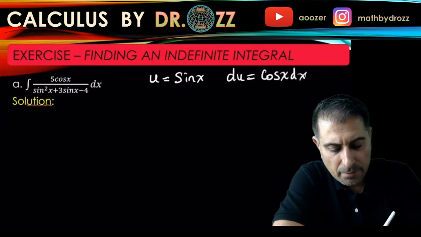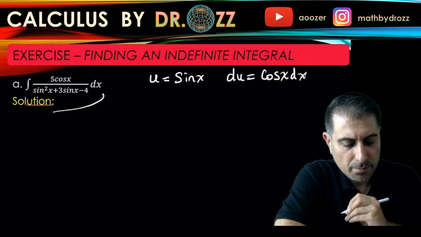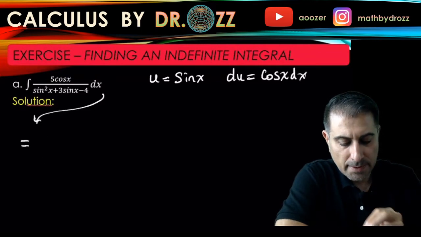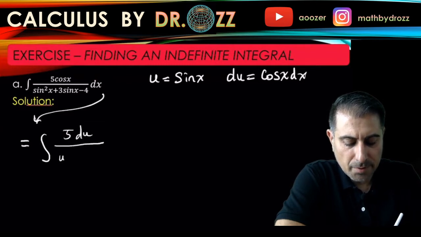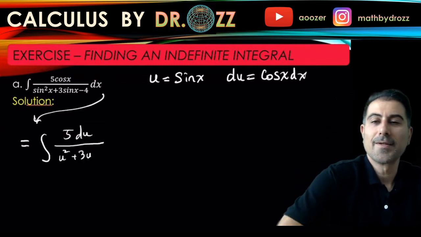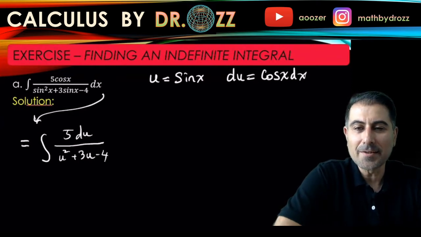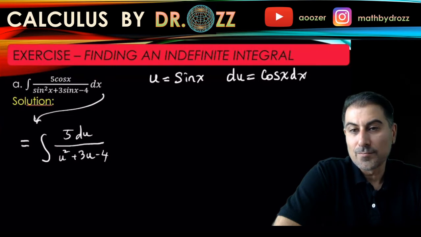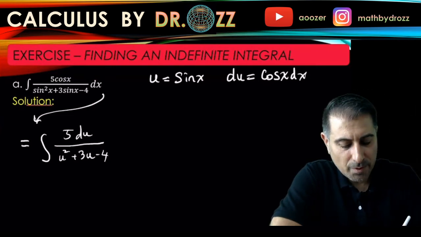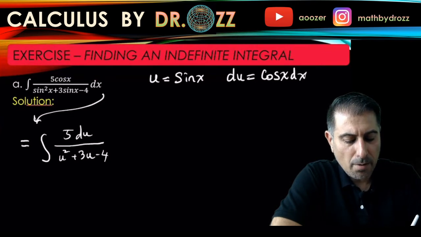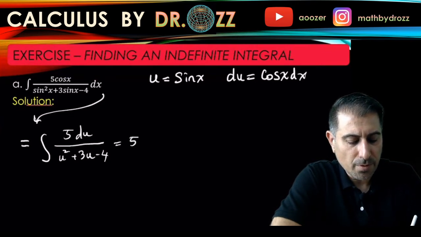So then this integral is equal to, since du equals cosine x dx, 5 du divided by u squared plus 3u minus 4. There we go. So now this integral is the integral of just 5, we can pull out, times 1 over u squared plus 3u minus 4.